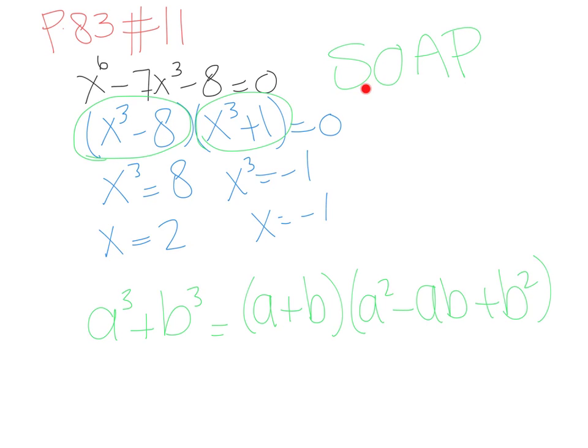Same for S. In the second quadratic factor, that's the opposite sign of whatever is in the first parentheses or in the original equation. That's opposite for O. And then that's always positive for the AP. So it goes same, opposite, always positive.